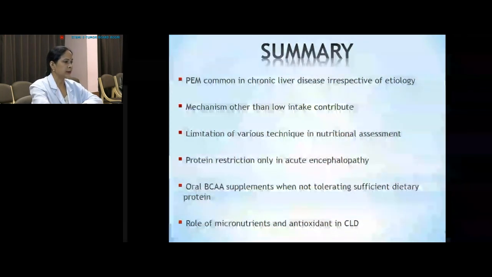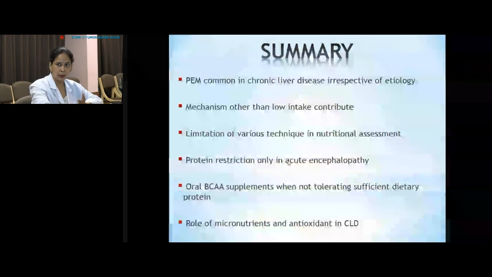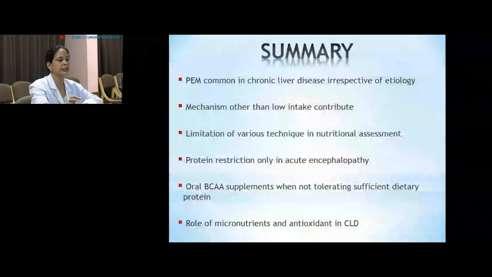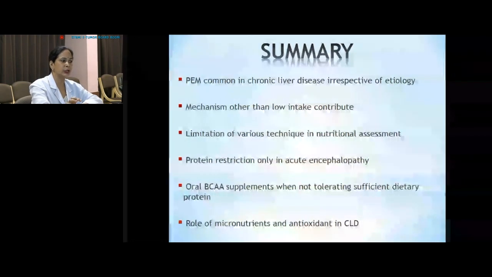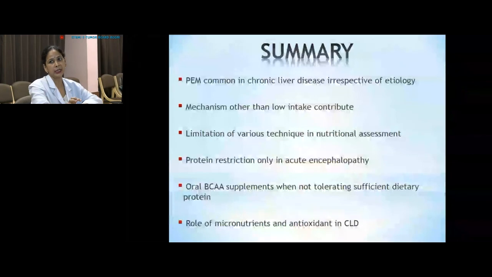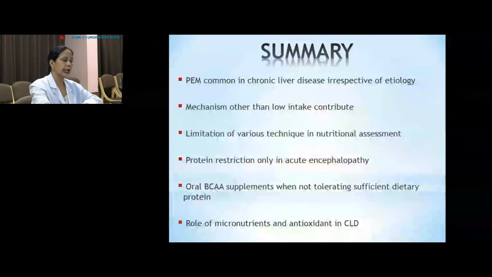I would add that protein restriction is recommended only if there is paralytic ileus or bowel movement is not enough. Otherwise, 1.5 to 1.8 or 2 gram protein per kg of body weight can be recommended if the patient is tolerating. Oral branched-chain amino acid supplement when not tolerating sufficient dietary protein. Yes.